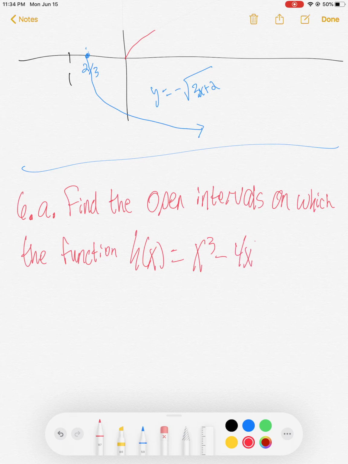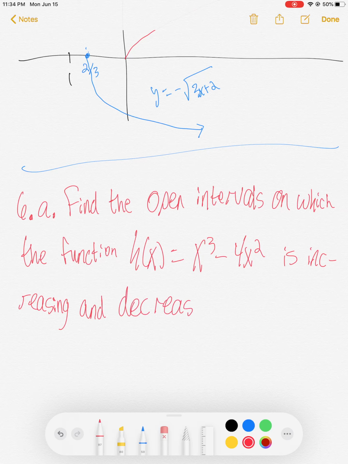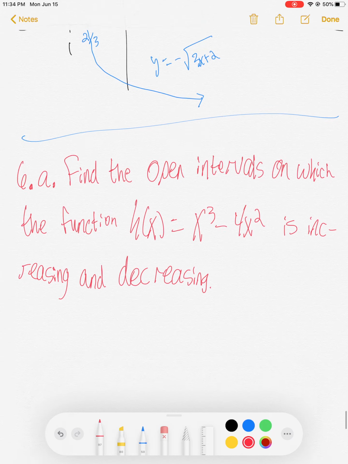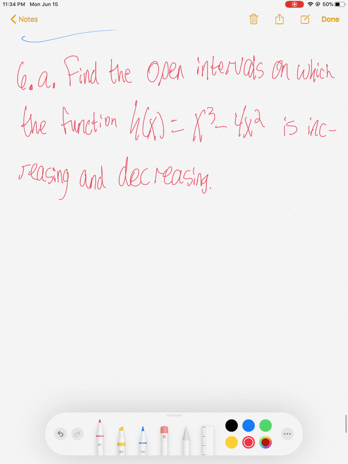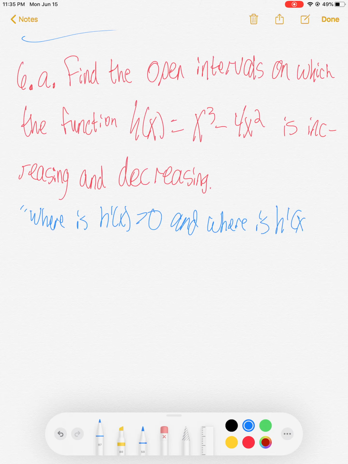Find the open intervals on which the function h of x equals x cubed minus 4x squared is increasing and decreasing.